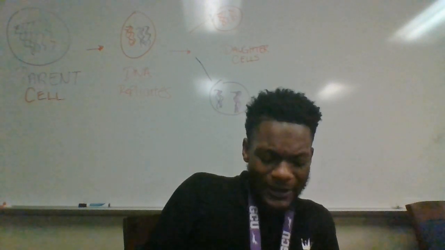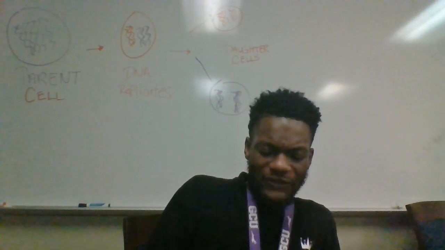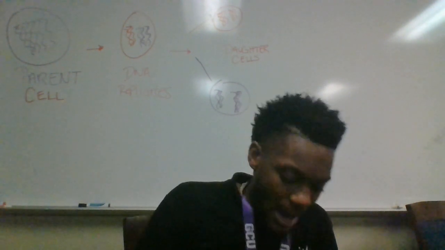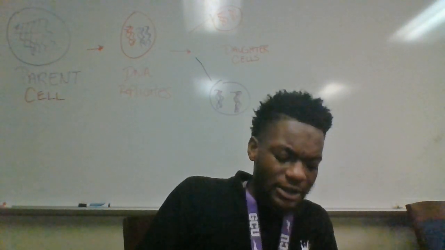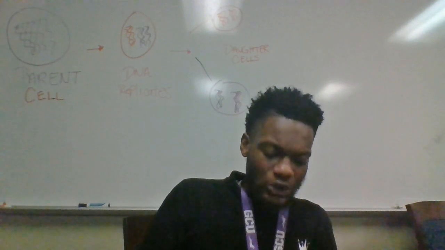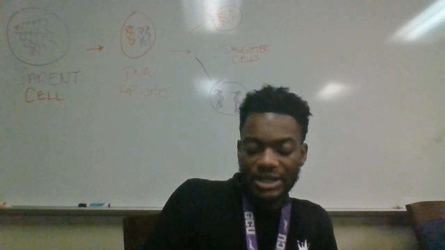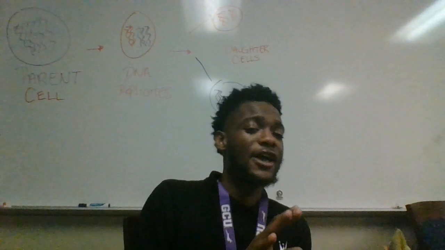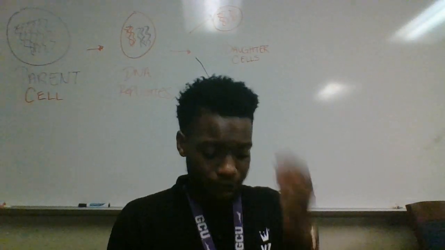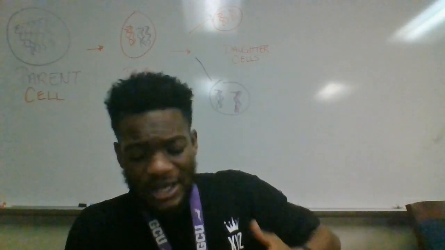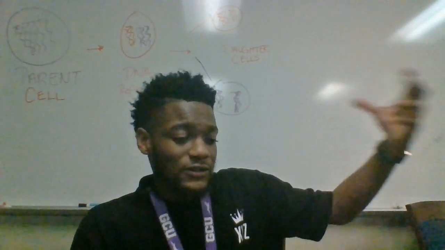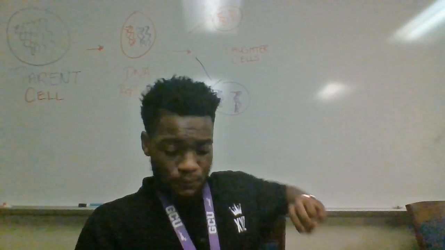Well, lytic has a few different steps. 1, the virus lands. 2, it chooses between lytic or lysogenic. Am I going to be fast or am I going to be a little slow? Then it injects itself into you.